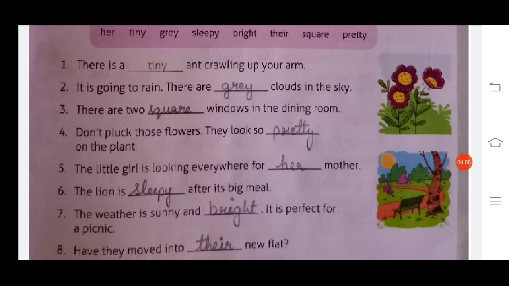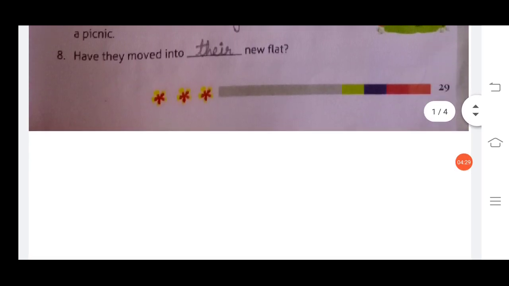Number 6, the lion is sleepy after its big meal. Number 7, the weather is sunny and bright. It is perfect for a picnic. Number 8, have they moved into their new flat? So we have done this exercise.